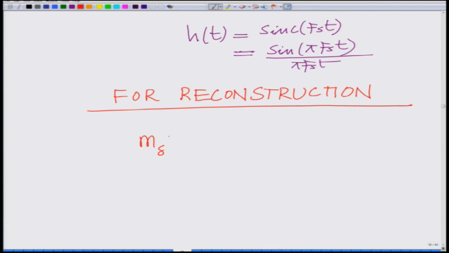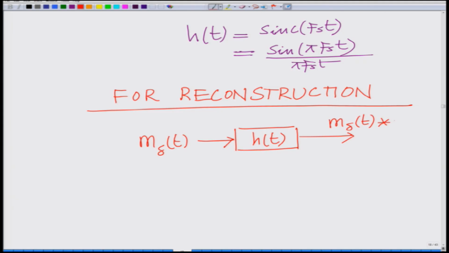We take our sampled signal m delta t and pass it through the system with impulse response h of t. That is, m delta t convolved with h of t gives back our original signal m(t) when there is no aliasing, because we are low pass filtering to extract the component at 0 frequency.